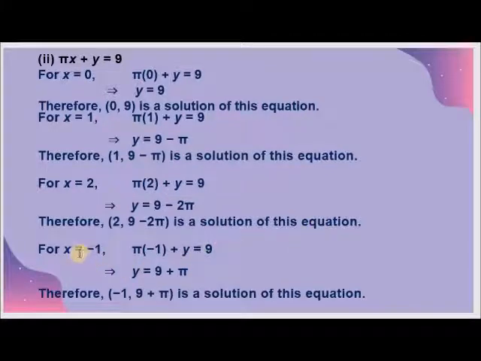Then if we put x equal to minus 1, then pi multiplied by minus 1 plus y is equal to 9. So y is equal to 9 plus pi, plus, because when this shifts over this side of equals to, then it becomes positive. So (minus 1, 9 plus pi) is the solution of this equation.